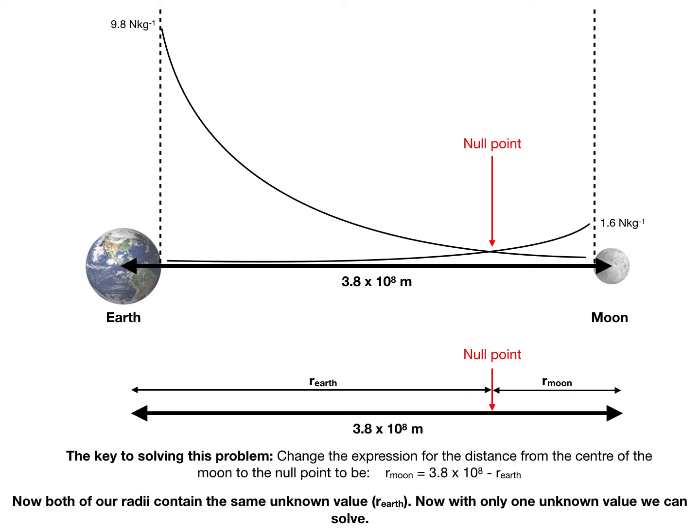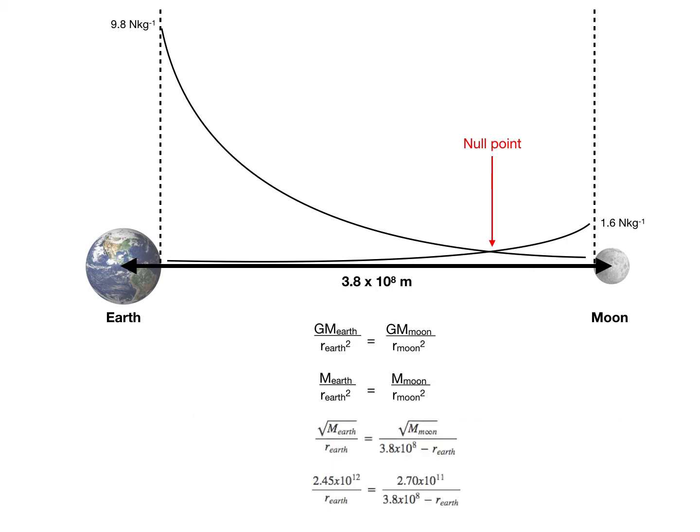Instead of being r Moon, we could say it's the total distance from the Earth to the Moon minus r Earth, our distance from the Earth. So this new expression for the radius from the Moon will be equal to 3.8 by 10 to the 8 minus the radius from the Earth. So now our two r values are the same. So we substitute this expression in.